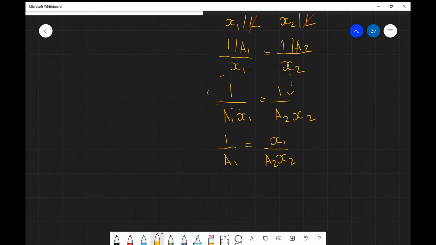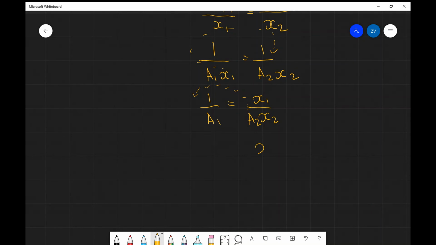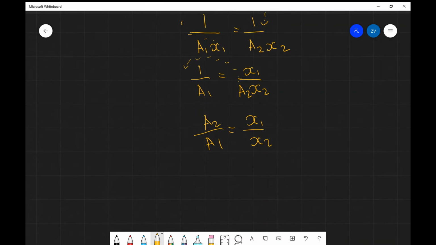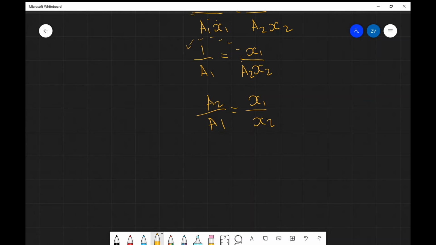And finally, I'm just going to bring my a2 on the other side, and what I get is that x1 over x2 is actually equal to a2 over a1. Perfect. So I've almost found my ratio. X1 over x2 is equal to a2 over a1.